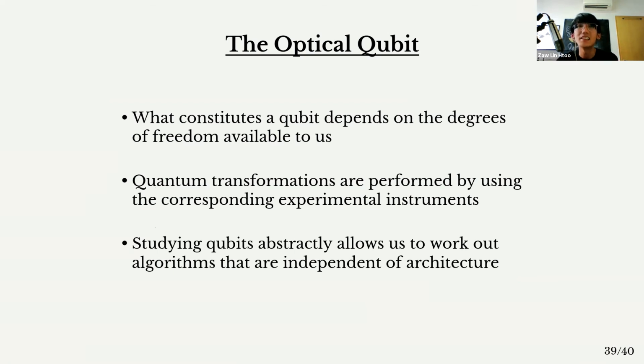Well, because once you say, I have a way of creating two states that are orthonormal, and I have a way of creating any superposition of the states, and I have this mapping, the horizontal is always 0, the vertical is always 1, then everything we've learned abstractly, we can apply to whatever architecture that we have. It also allows us to work out ideas, to work out algorithms, that don't depend on what your actual instruments are.